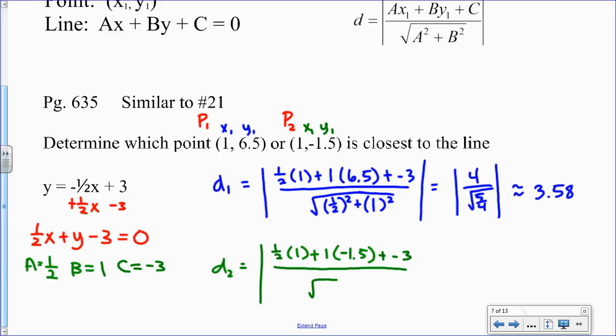So square root of 5/4. So I have -4. We should get -4 now. But it's absolute value because distance is positive. So I'm going to get the exact same.